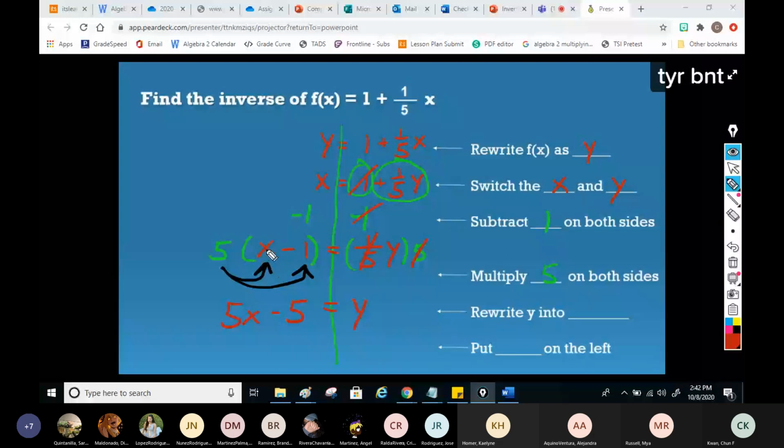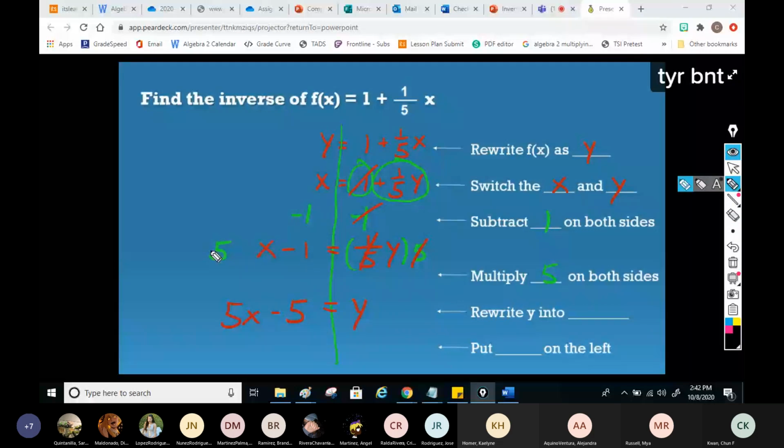So you have to make sure both terms have to share the times 5, all right? Both terms right here have to share the times 5. So most people make a mistake right here because they will forget about the -1. Imagine if you forget about the parenthesis. Let's just say you forget about the parenthesis like this. Chances are they will do 5x and then they will have a -1.